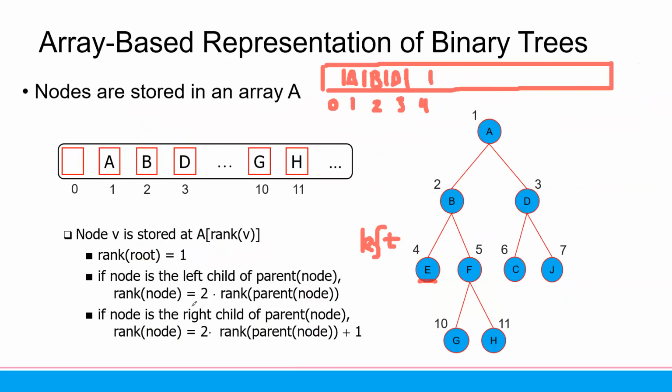Since E is the left, I need to check 2 multiplied by the rank of the parent. The rank of the parent node is 2, and it will be 2 multiplied by 2. So the rank is 4. And in index 4 of the array, I will put E.